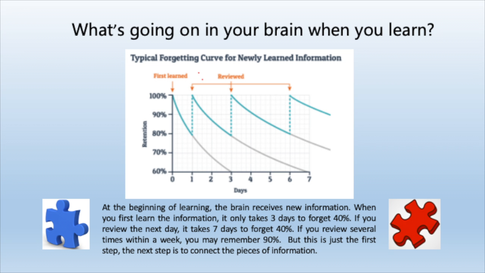At the beginning of learning, the brain receives and memorizes new information. The forgetting curve shows how learned information slips out of our memories over time, unless we take action to keep it there. The steepest drop in memory happens quickly after learning, so it's important to revisit the information you've learned sooner rather than later. But this is just the first step.